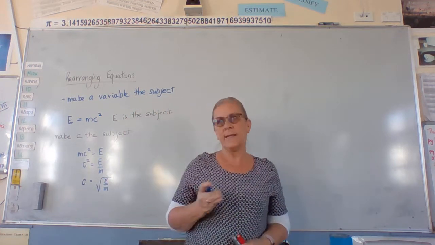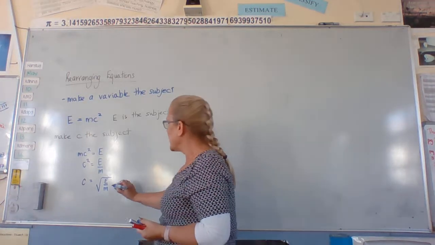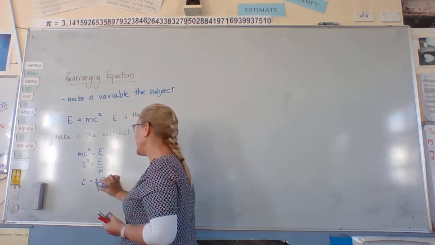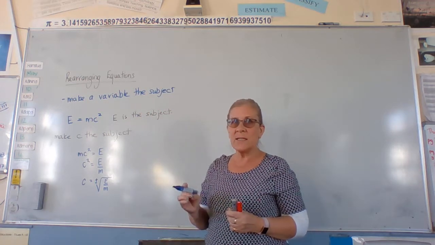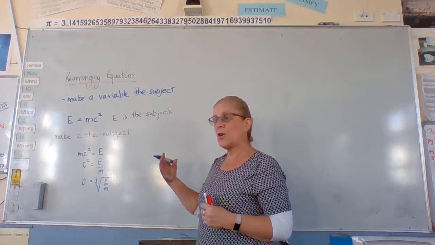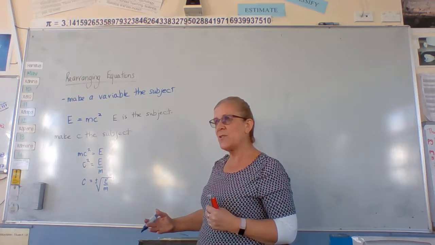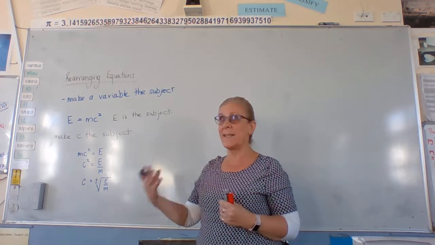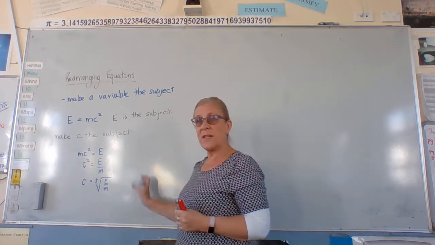Now the trick here is, technically, this has to be the positive and the negative answer. But if it is something that could only possibly be positive, sometimes that's part of your answer as well. If you're finding the length of something, there's no such thing as a negative length, so we drop the negative off.